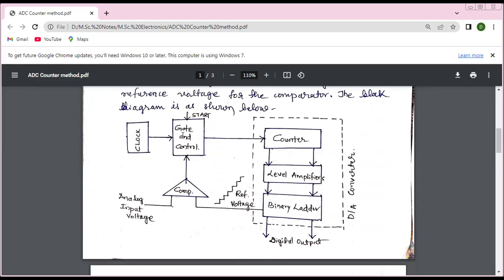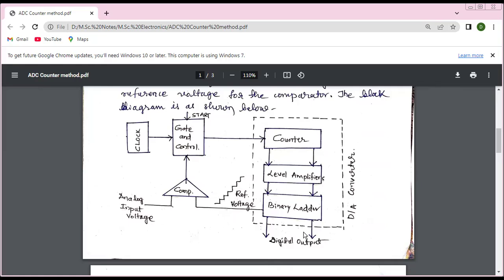And this is the gate and control circuit, which is required to start and stop the process here. So this process is started or stopped by this circuit. That's what is called a gate and control circuit.